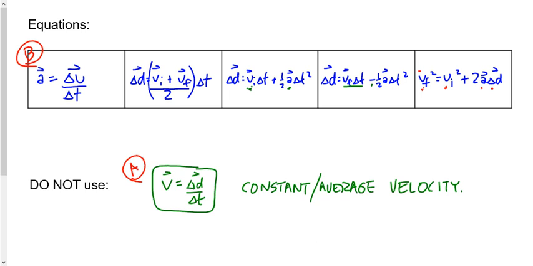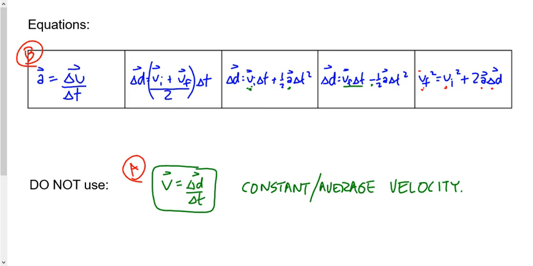So, if you get a problem like you've gotten in the last couple of days that involves just a constant velocity, use group A, v equals delta d over delta t. If you have a problem involving acceleration, where an object is speeding up or slowing down, then use group B, one of those acceleration equations. Try one of them.